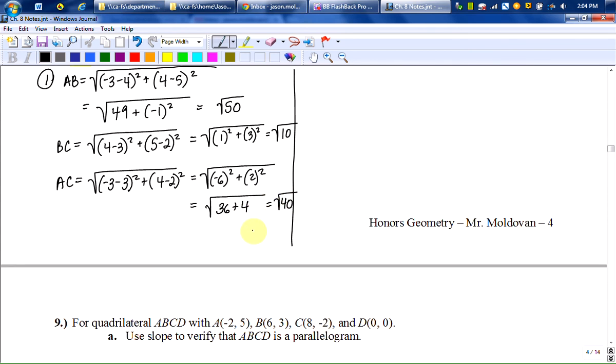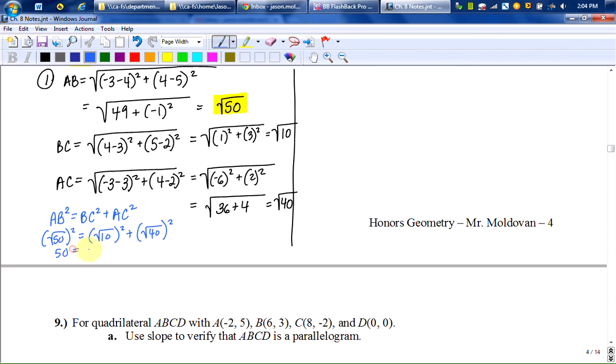Okay, and the reason I didn't simplify this was, now I'm going to plug them into the Pythagorean Theorem. The longest side I'm going to plug in as the c, or hypotenuse. So I'm going to do AB squared equals BC squared plus AC squared and see if that actually works out. So is root 50 squared equal to root 10 squared plus root 40 squared?